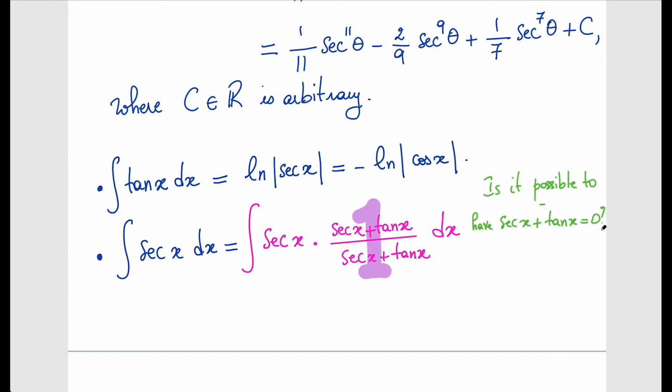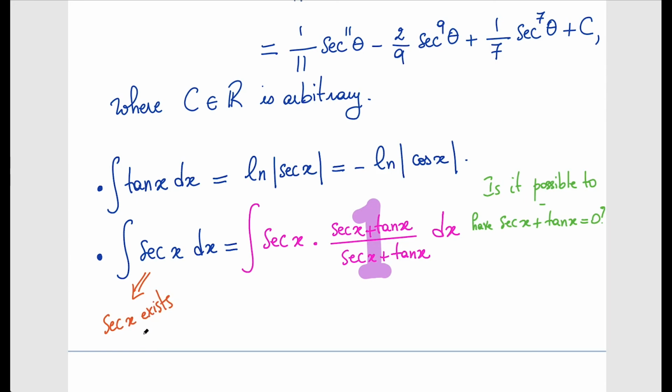this equals 0? Keep in mind that if they're asking to integrate sec x, they are already implying that this is meaningful, right? And secant is 1 over cosine. So this question already entails that secant is meaningful.